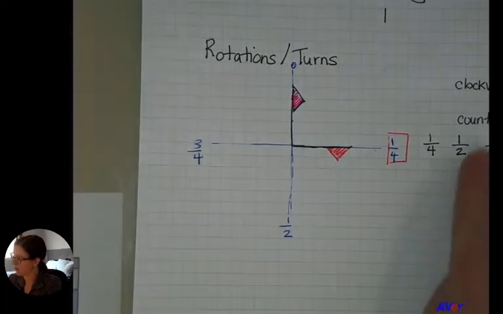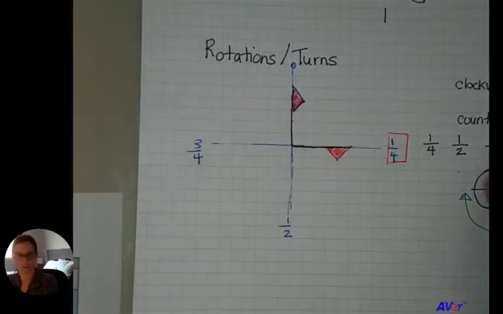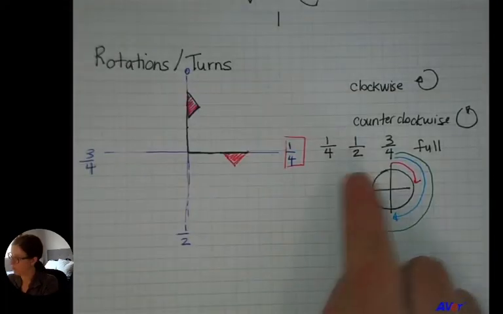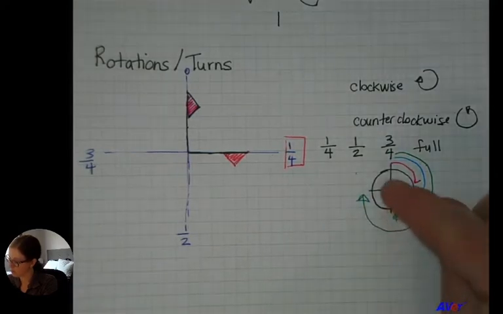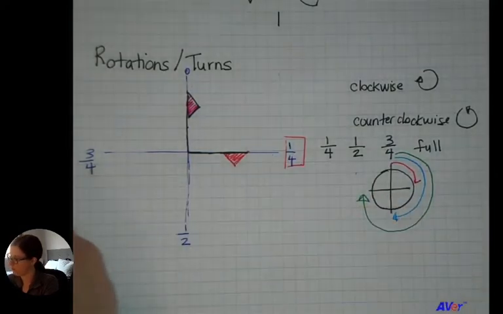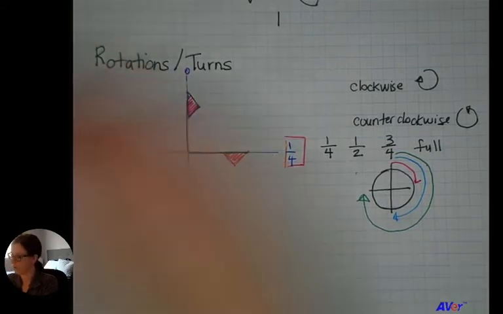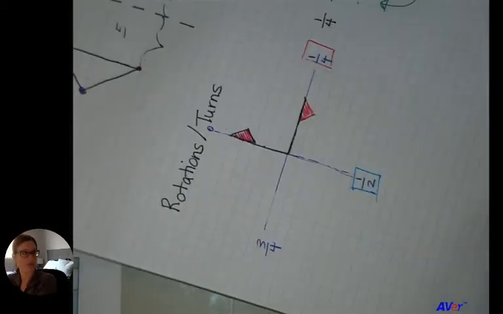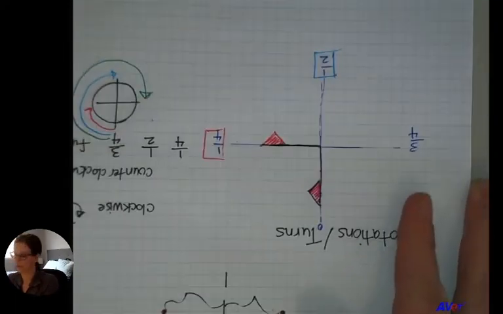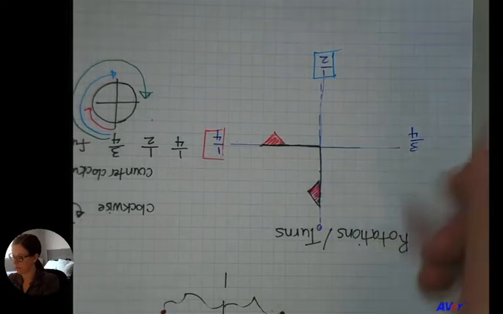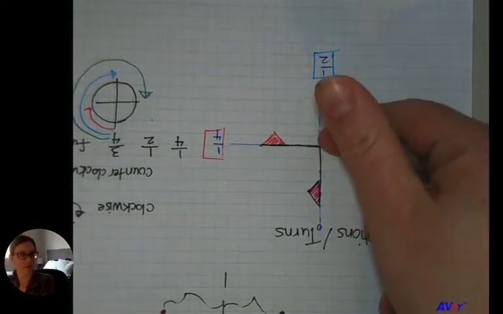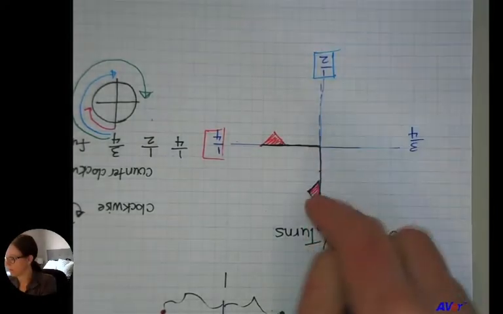Now if we see here, our flag was here at the beginning. We want to do that half turn, which means ours is going to be down here. When we're turning your paper, there's our quarter turn, and there's our half turn. Now we want to draw the exact same flag, but we're going to put it on this line, and it's still going to be pointing the same direction.